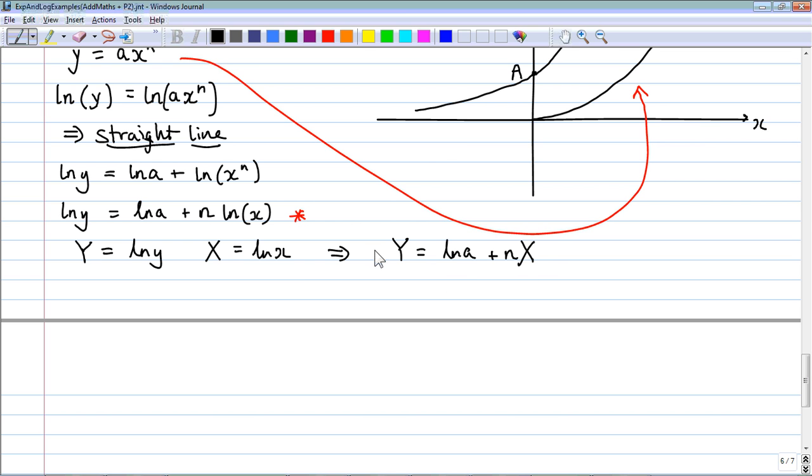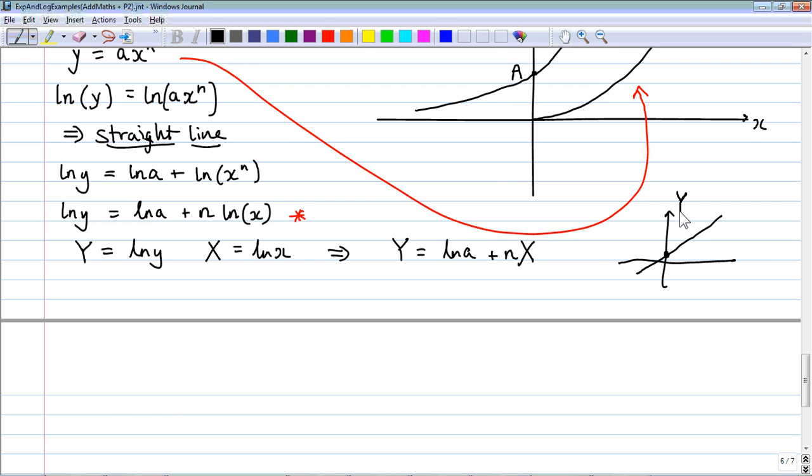So what kind of graph is that? Well, that's just a simple straight line graph, and I'm just going to draw it roughly here. Excuse me for the roughness. Something like that. Okay, so here, what is the y-axis intercept?